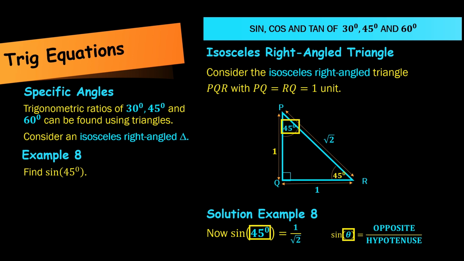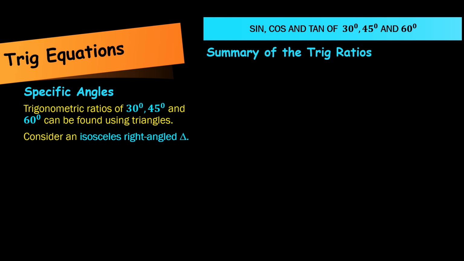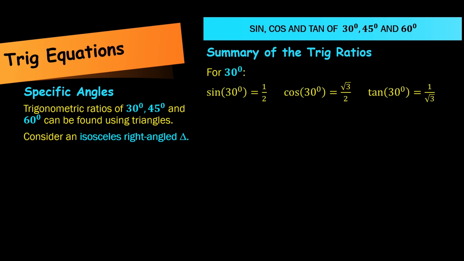The side opposite is equal to 1. And the hypotenuse has length root 2. And therefore sine 45 degrees equals 1 over root 2. So here's a summary of the trig ratios. For 30 degrees, for 60 degrees, and for 45 degrees.